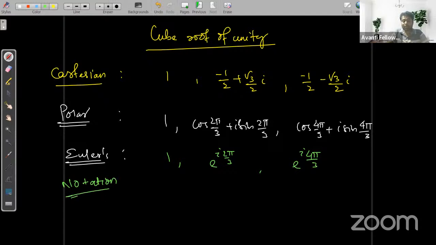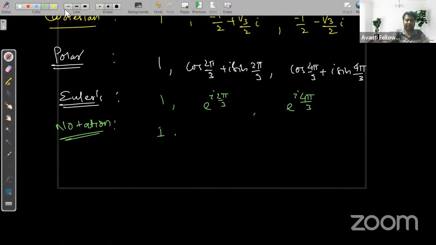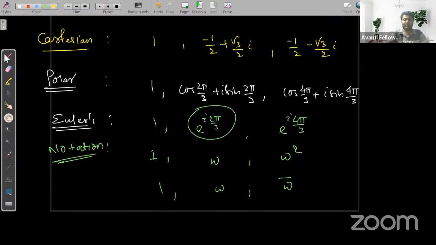What are the notations of the cube roots of unity? We use 1 as 1. If we take this root as omega, then the second one will be omega square. Also, if we take this as omega, then the other can be written as omega bar, or conjugate of omega, because this root is the conjugate of this one.